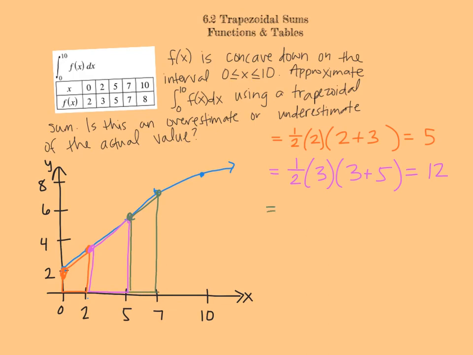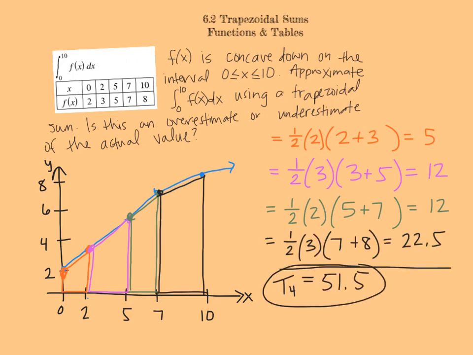Okay, that trapezoid, the delta x is 2 again because it's the distance between 5 and 7. And our heights, our y values, are actually also 5 and 7. So that also gives us 12 as a total. Go ahead and do the last one and then add them together. Okay, we end up with a trapezoidal sum of 51.5.